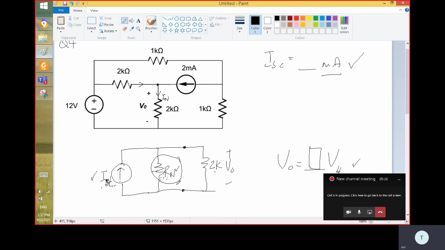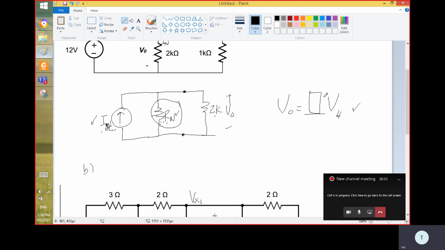So you can parallel these two and find the V out. V out equals what? I think this is using Ohm's law, you know, right? So this question is quite okay. I give the hint that the Norton current here is in milliamperes, and the V out is something volts.